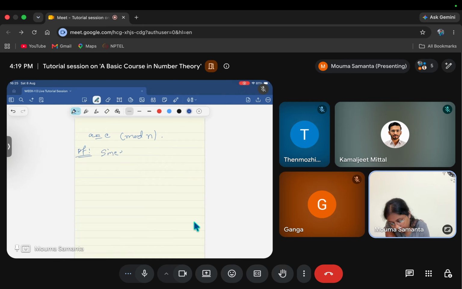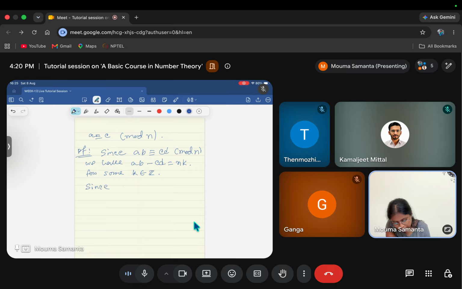Since ab congruent to cd mod n, we have ab minus cd equals nk for some k belongs to Z, and also since b congruent to d mod n, we have b minus d equals n times r for some r belongs to Z.